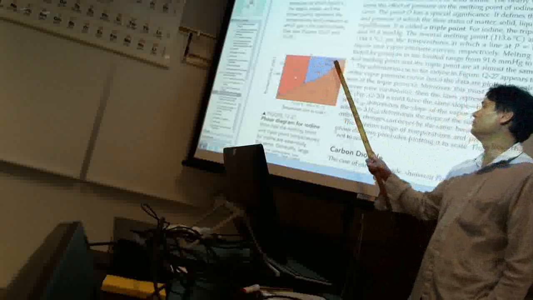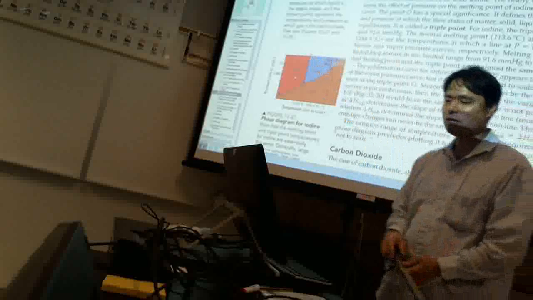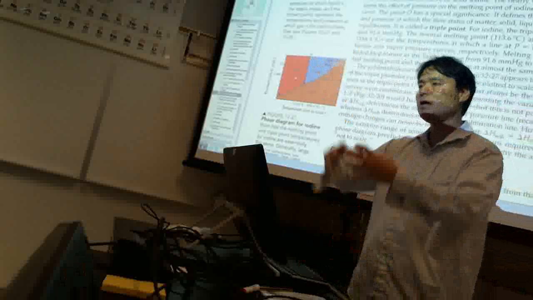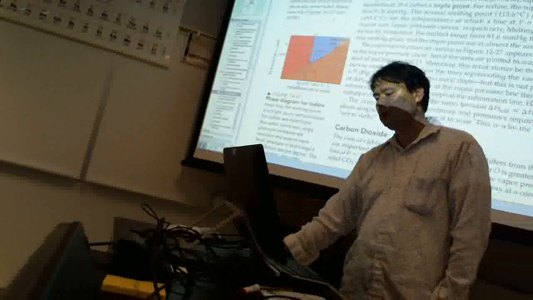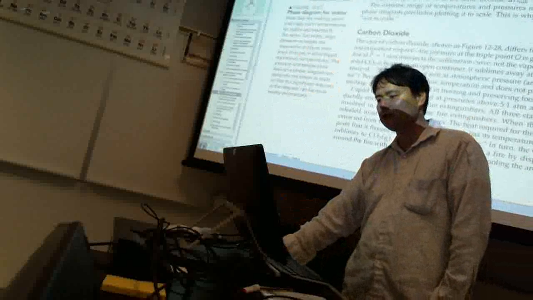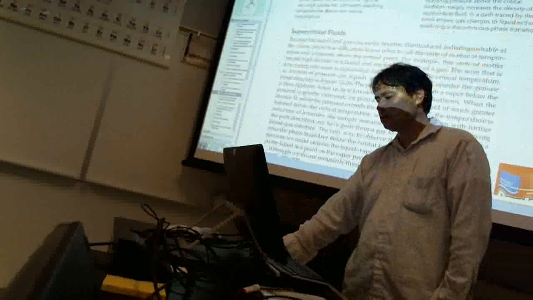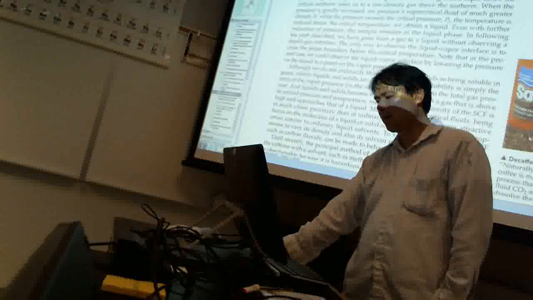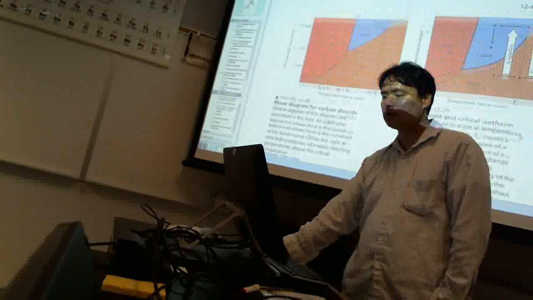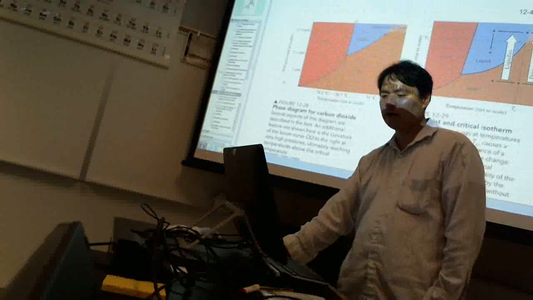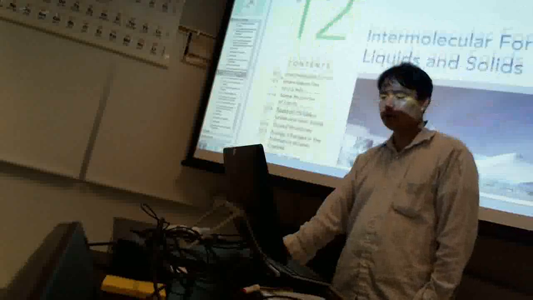Supercritical fluids are dense like liquids, but they expand to fill the volume like gases, and so they have a lot of applications. One application is supercritical CO2 is used to decaffeinate coffee. They're using it for dry cleaning now, etc. And so these are phase diagrams. We aren't going to spend that much time.